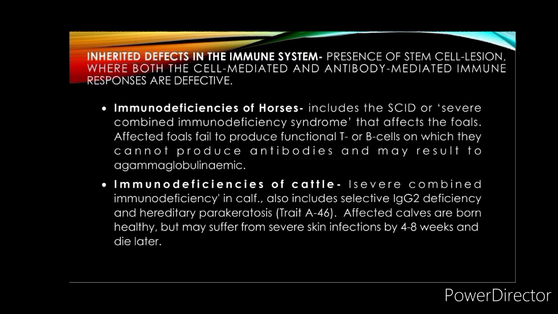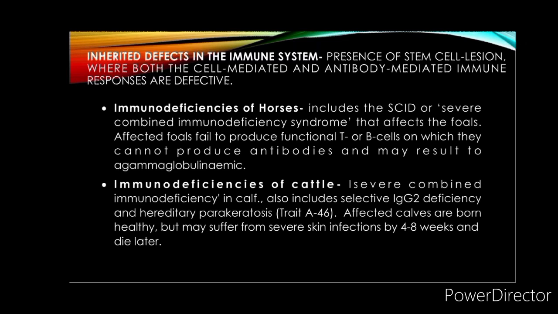It includes the SCID, or Severe Combined Immunodeficiency Syndrome, that affects the foals. Affected foals fail to produce functional T or B cells and have very few circulating lymphocytes, so they cannot produce antibodies and may result in agammaglobulinemia.